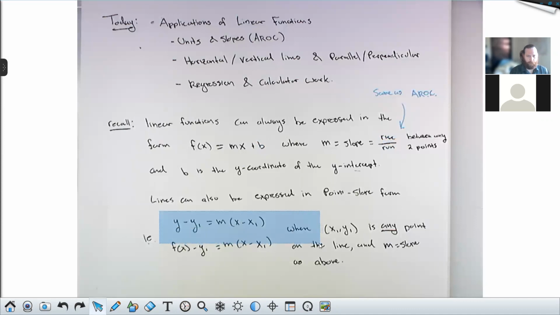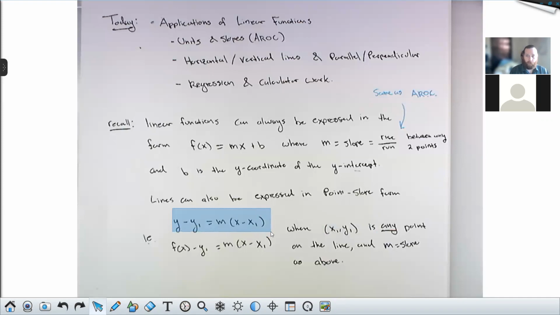This point slope form is really more useful than this form, right? Some people call this slope intercept form. If you know the slope of your line and you know the y-intercept, then of course you can write down mx plus b. If you don't know the y-intercept, and we talked about this a little bit last Thursday, but you know the slope and some non-y-intercept point on the line, x1 comma y1, then you can write down the point slope form of the line.